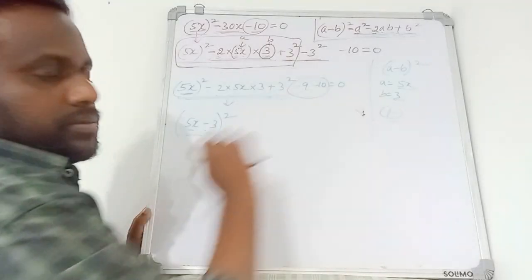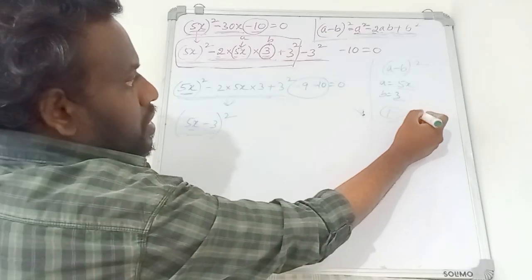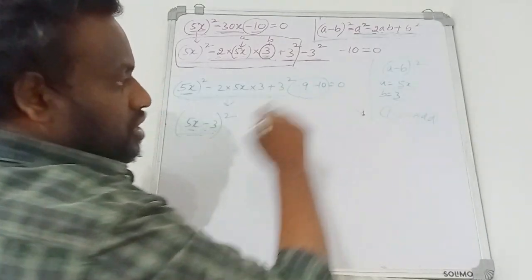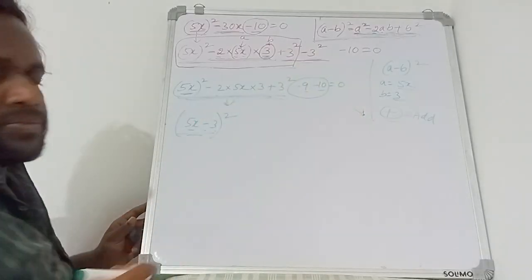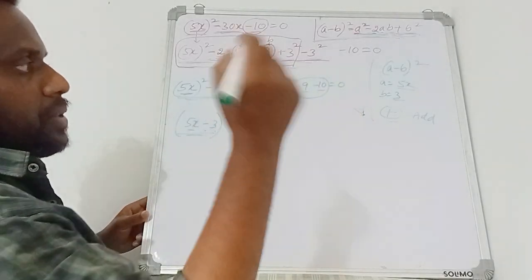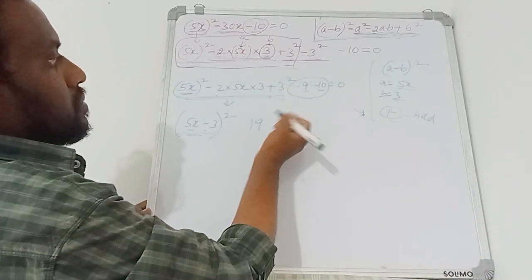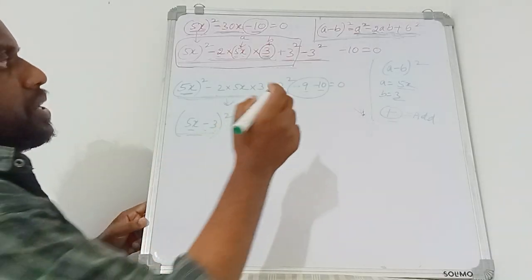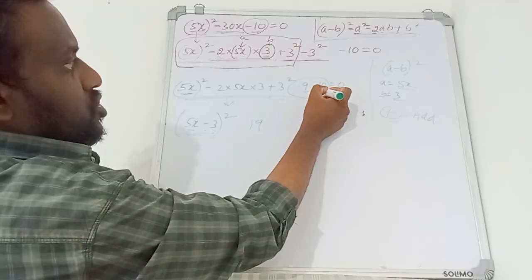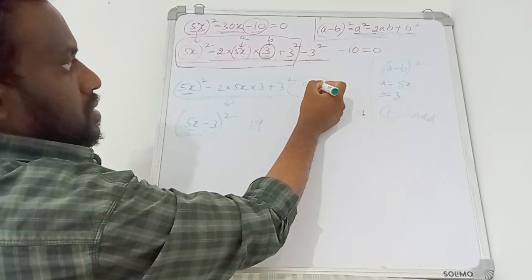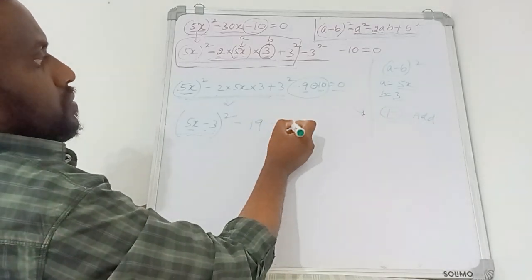Plus means add. We need to add this 9 and 10. 9 plus 10 is 19. Now, which is bigger, 9 or 10? 10, right? Before this 10, the sign is minus. This minus you write here. This is equal to 0.